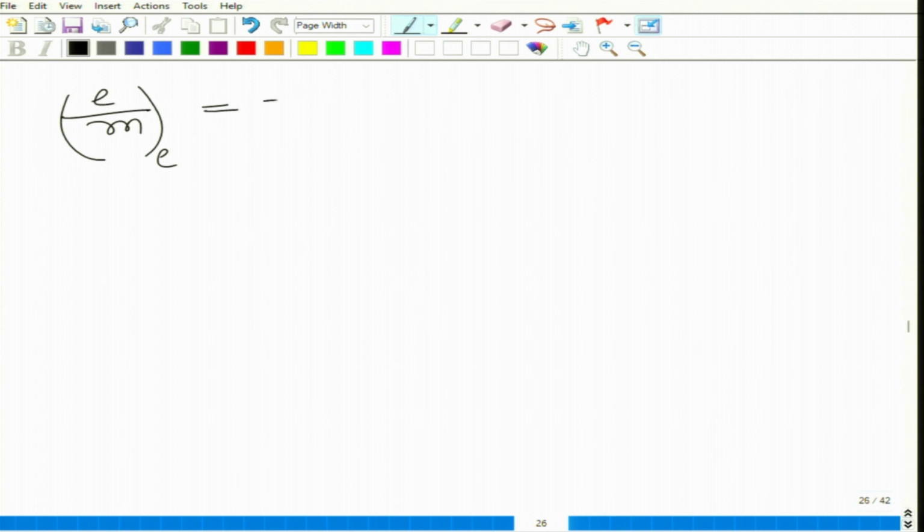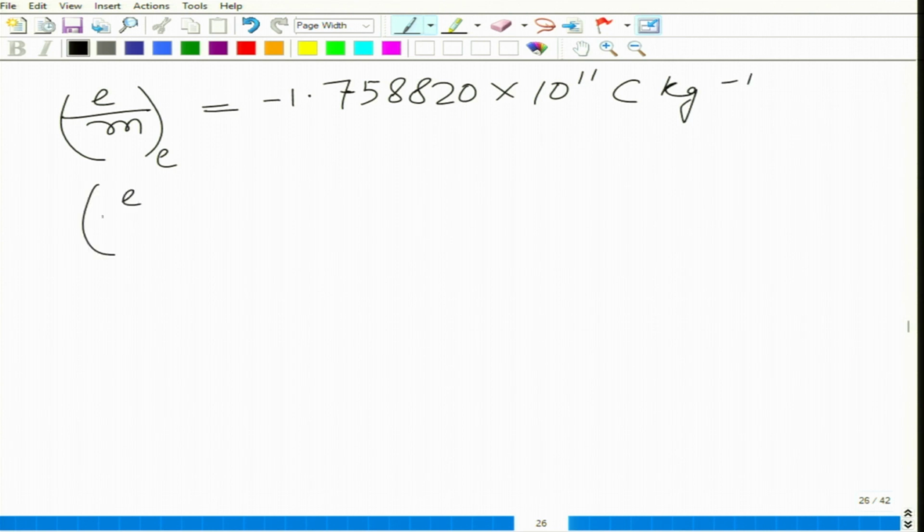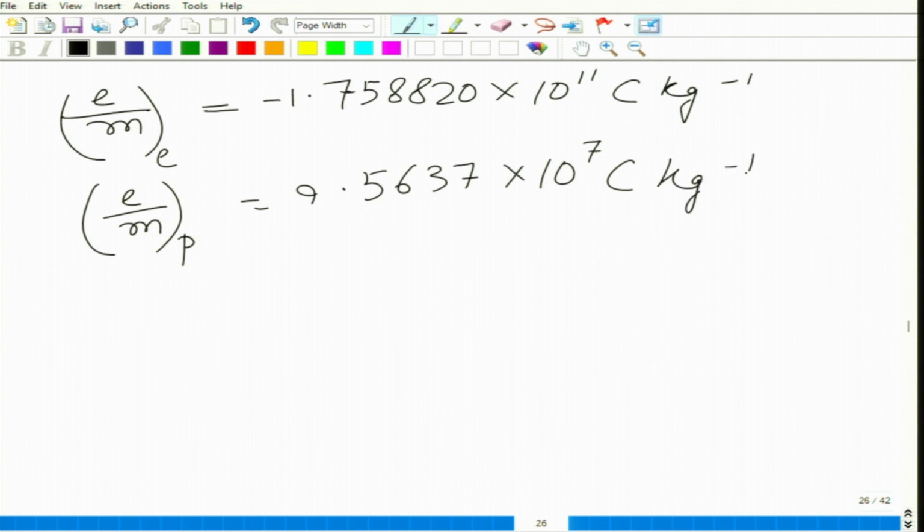It was minus 1.758820 into 10 raised to 11 coulomb per kg, and for a proton it was 9.5637 into 10 raised to 7 coulomb per kg.